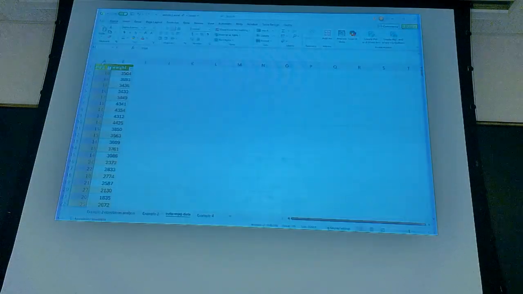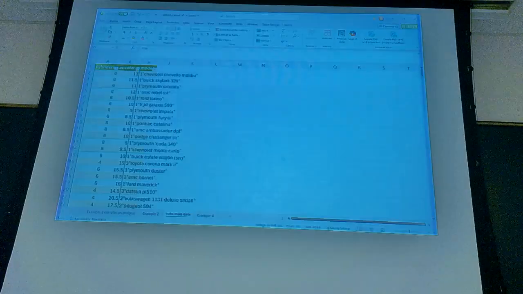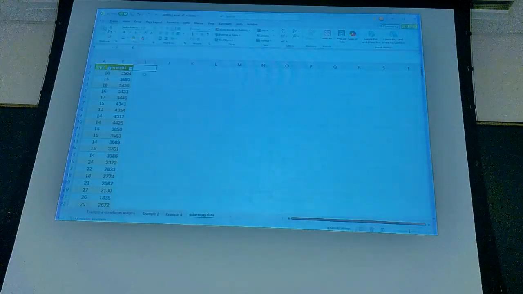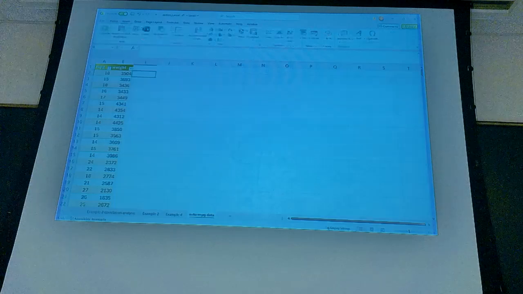So all we have to do is highlight it, cut it right here, and cut cells. What happened? I messed everything up. Let's do this for them. Insert scatter plot.